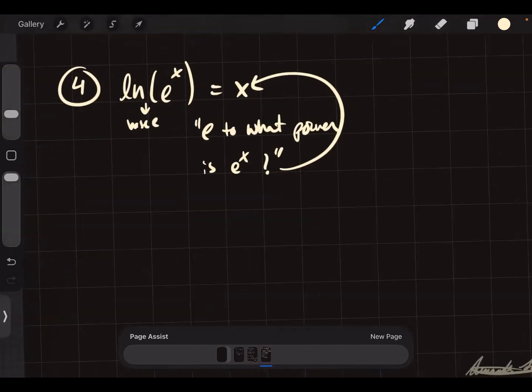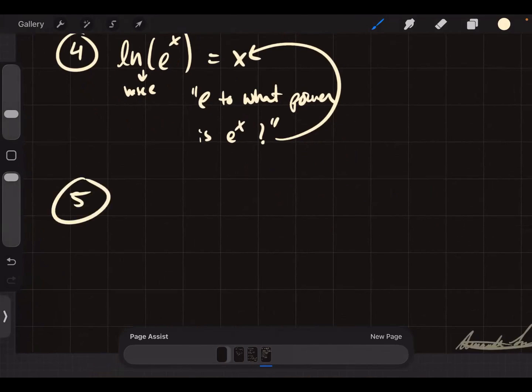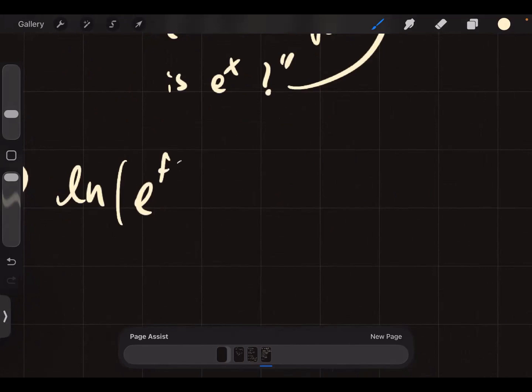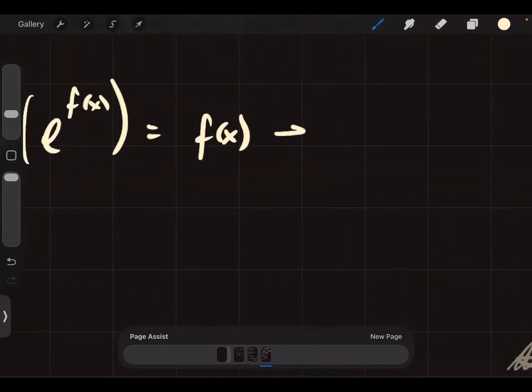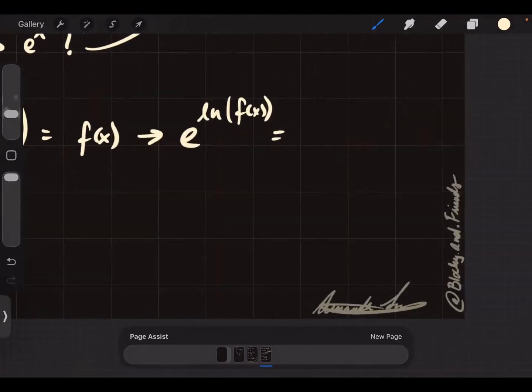In that same vein, you can say ln e to some function f of x equals f of x, and you also get e to the ln of f of x is equal to f of x.